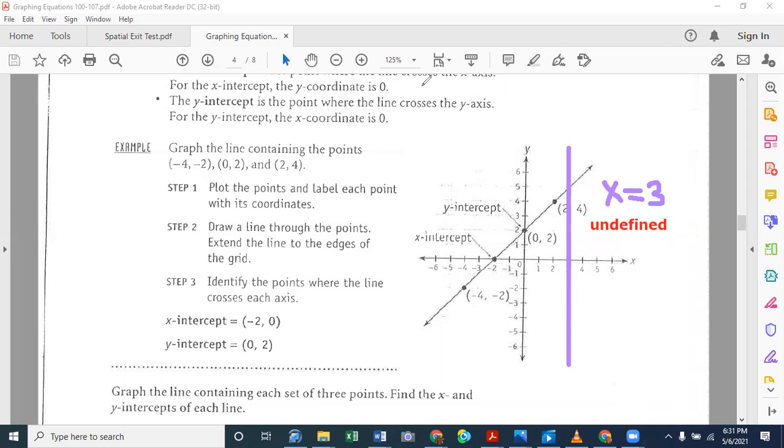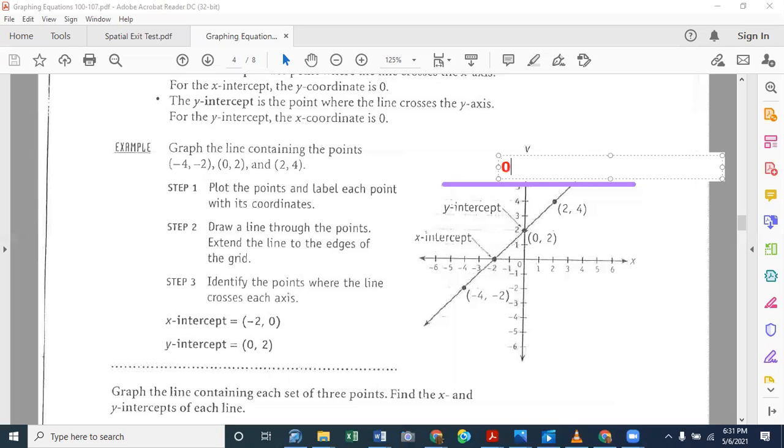Okay, what about a line that goes completely horizontal? What would be the slope of that line? Right, that line would have a slope of 0 because there is no hill at all. There's no incline.